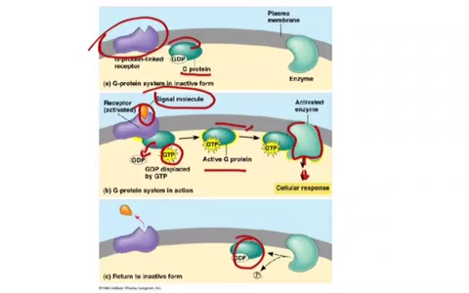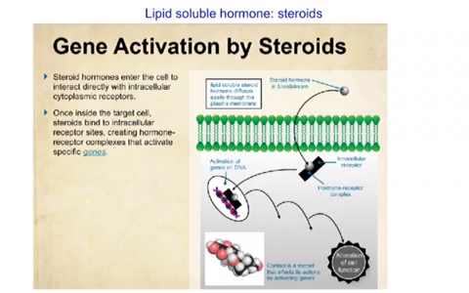And then the cell is ready for another reaction. So in this particular case, the primary messenger, the first messenger, is the signaling molecule, and the secondary messenger involves the G protein in here, which carries the message to this enzyme, which is then activated to carry out a signal cascade. Now let's have a quick look at how steroid hormones work.